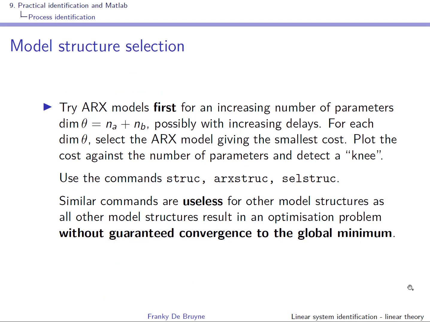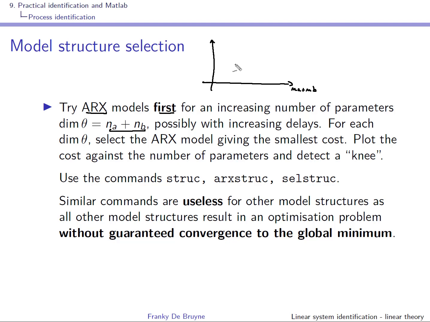Well, for model structure selection, work with ARX models first and try models with an increasing number of parameters, A plus NB, and then look at the validation cost. This is A plus NB, and this is your validation cost over here.